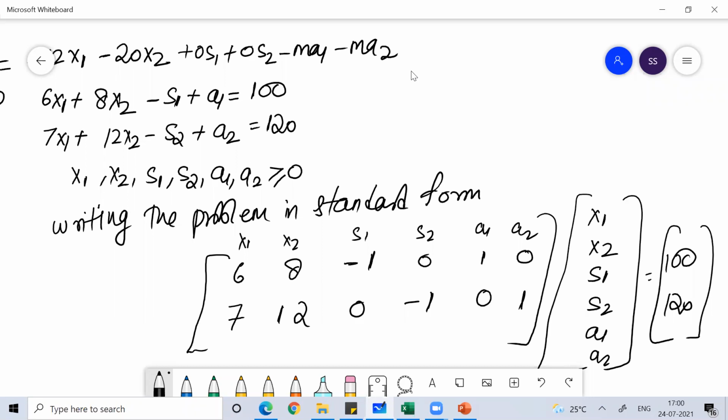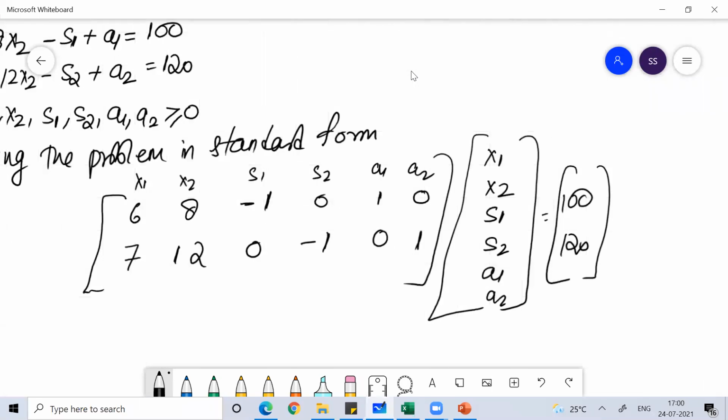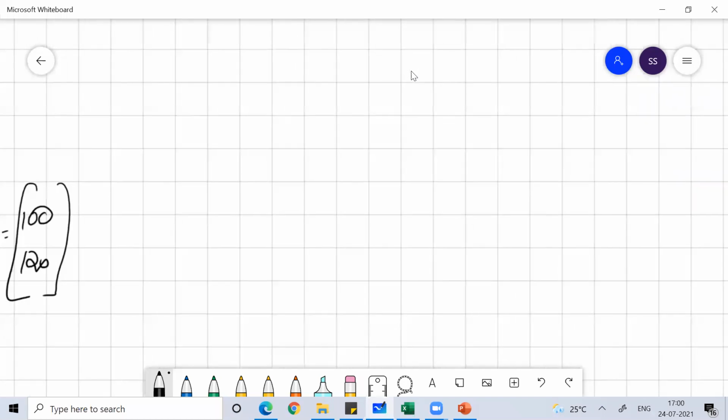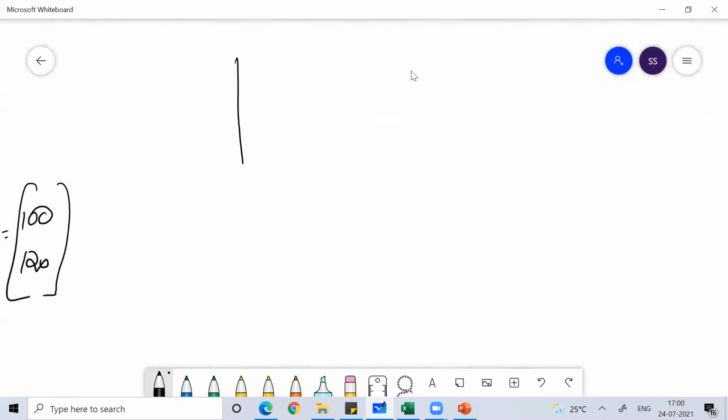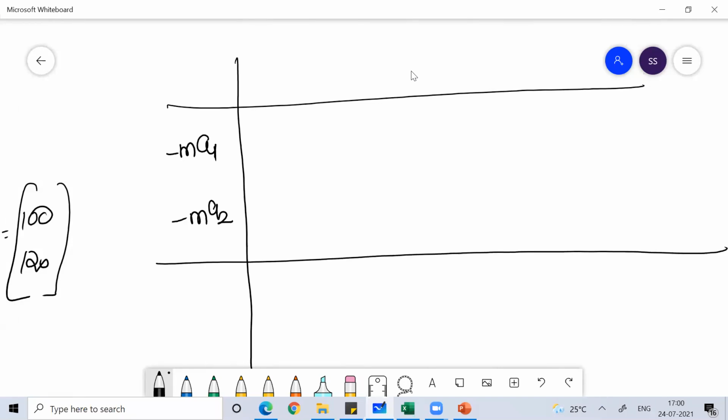So once you have understood this part, once we have written this down, we can create an iteration table. In the iteration table, we'll only start with the artificial variables a1 and a2.